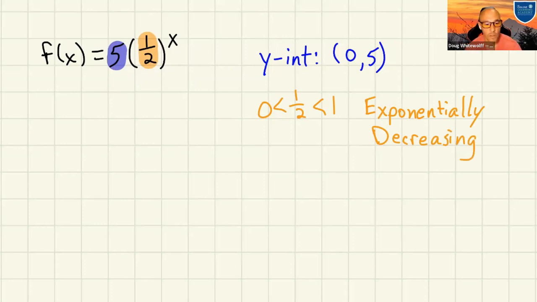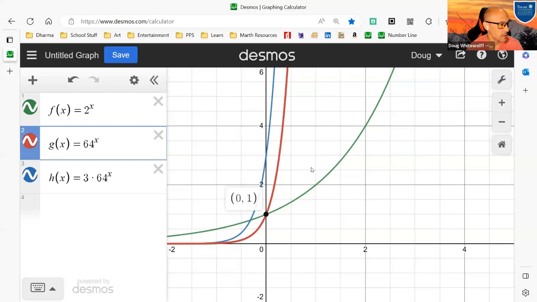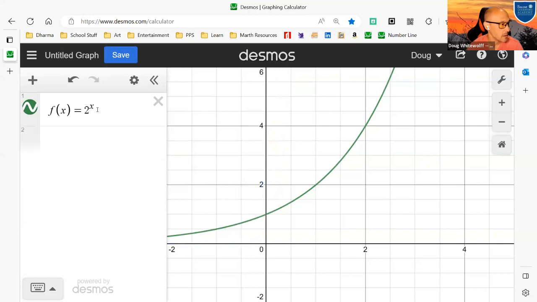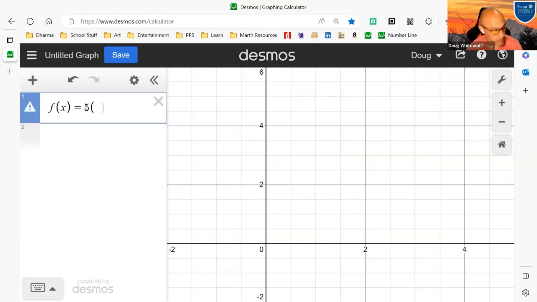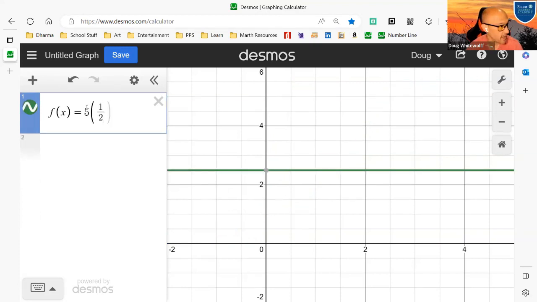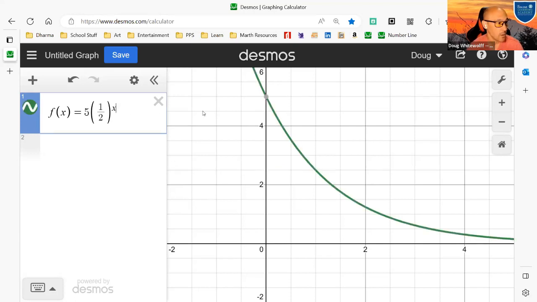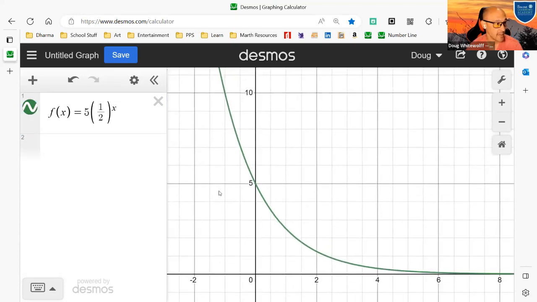Okay. So, anyways, yeah, let's go look at that real quick, and then I'll show you something else. So we had 5 times 1/2 to the x power. And so, yep, our y-intercept there is 0, 5, and we can see that it is decreasing exponentially.